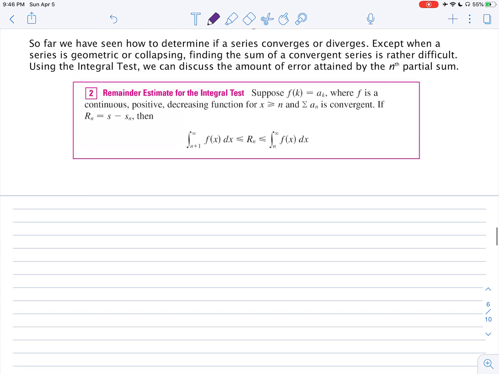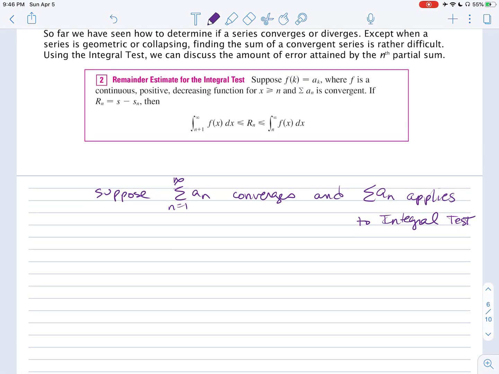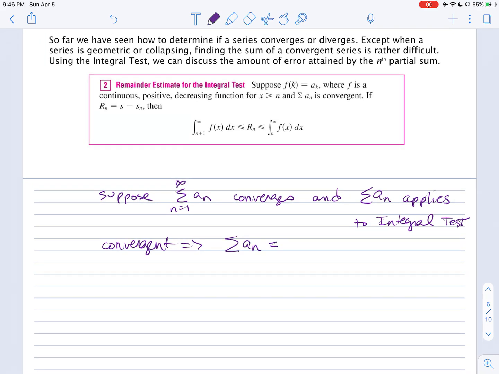and I'm going to talk about convergent series. So suppose that my series a sub n, n equal 1 to infinity, converges, right? And the series a sub n applies to the integral test, or the integral test applies, then convergent implies that the sum of the series is going to equal S, where S is the sum.